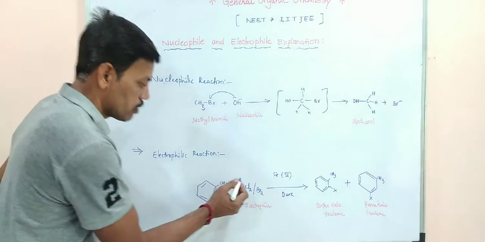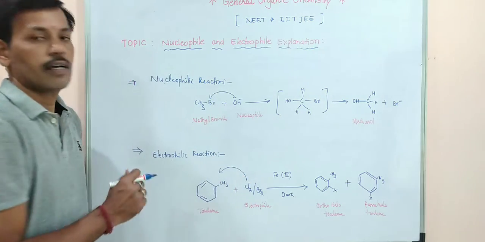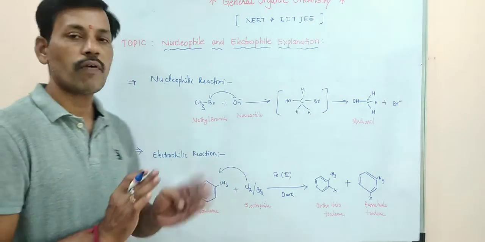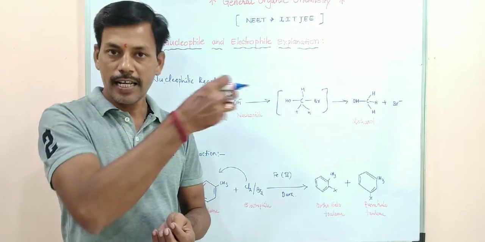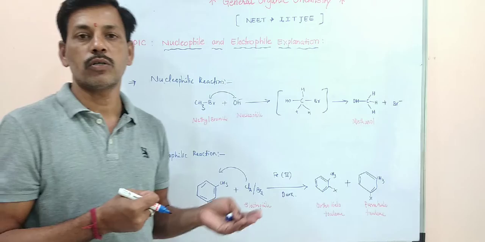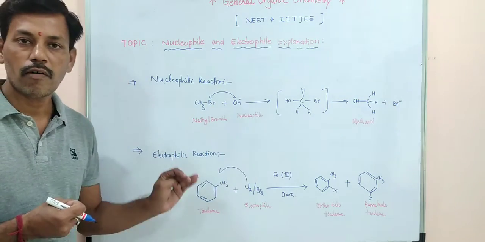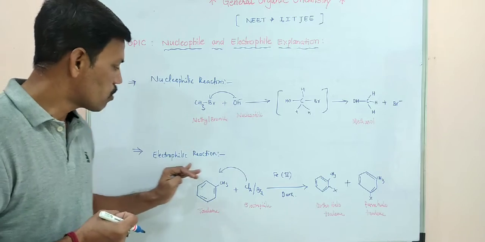Here chlorine or bromine acts as an electrophile. Electrophile means it takes electrons from this toluene and participates in the reaction.